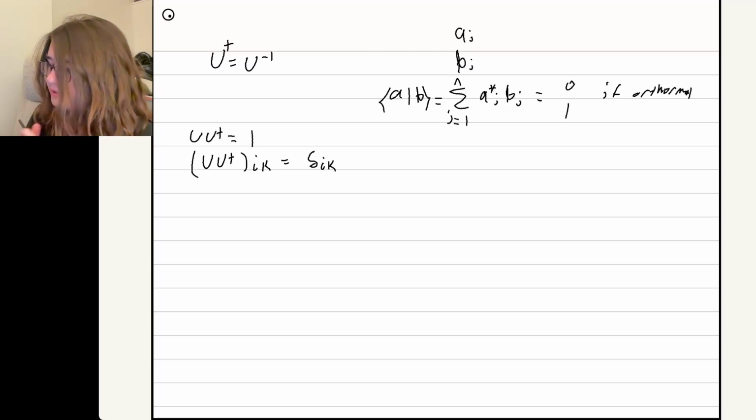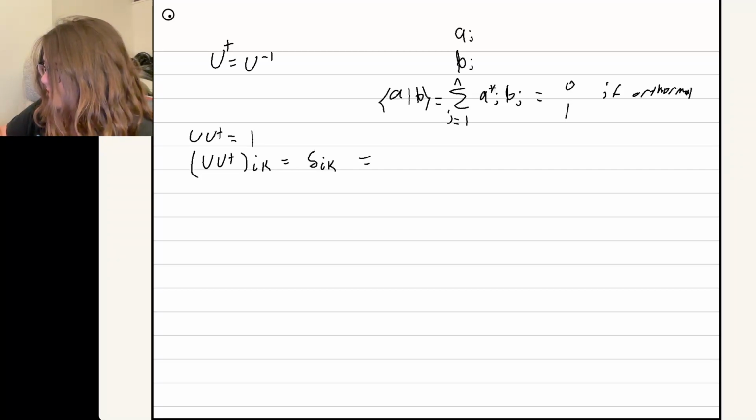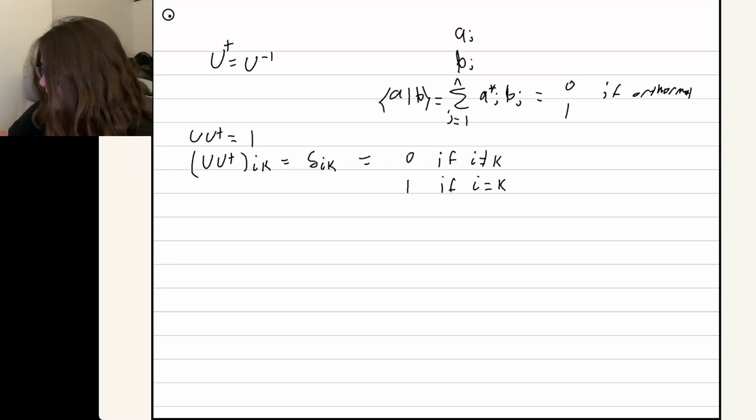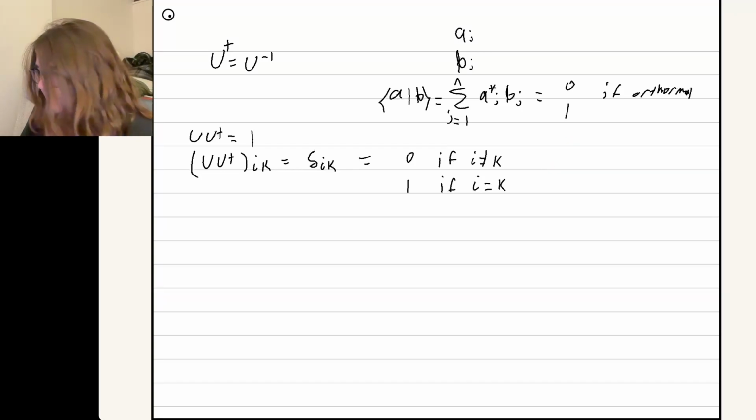That's called a Kronecker delta. It has the property of being 0 if i is not equal to k, and 1 if i equals k. So you can already kind of tell we're on the right track because we have zeros and ones again. But that's cool.